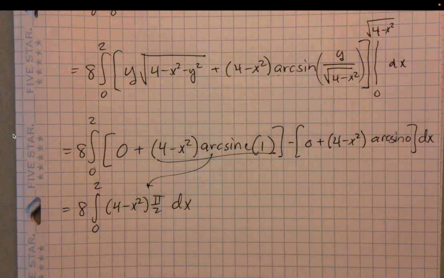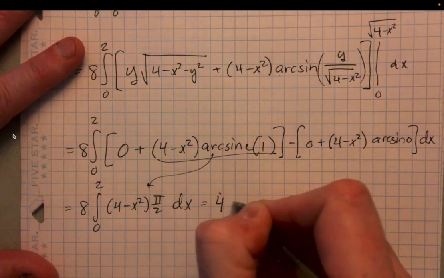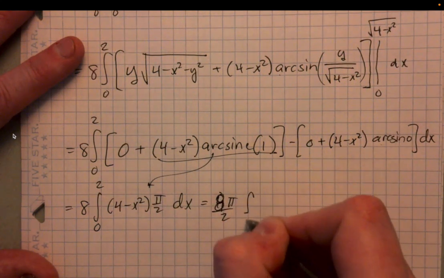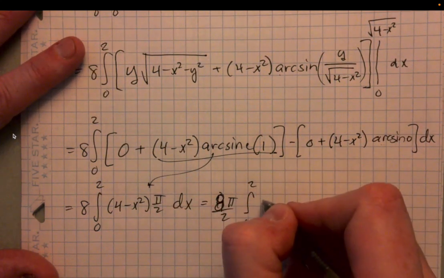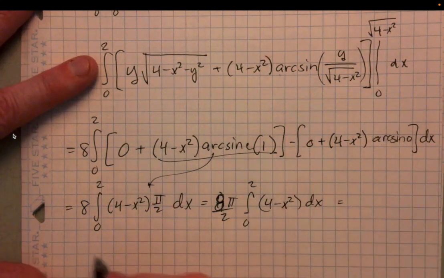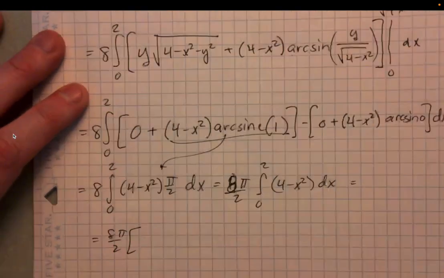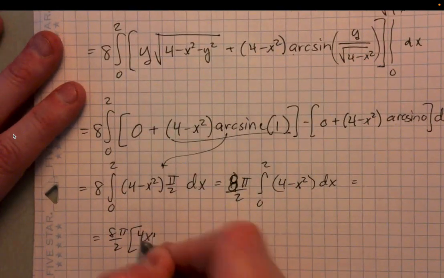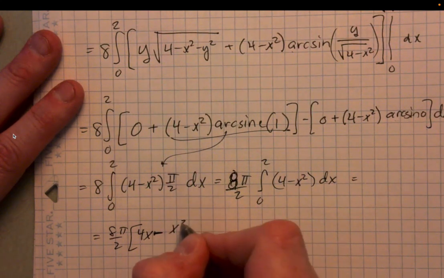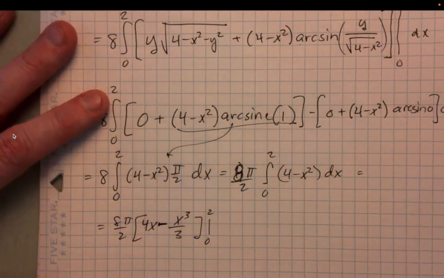Okay, and this one is very easy to integrate, but let's first write this as 8 pi over 2 times the integral from 0 to 2 of 4 minus x squared dx. Okay, and so when we integrate here, we get 4x minus x cubed over 3, and then that needs to run from 0 to 2.